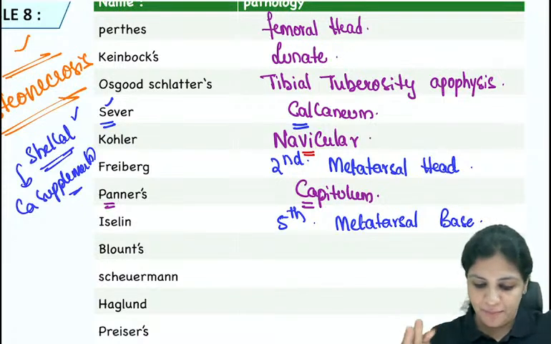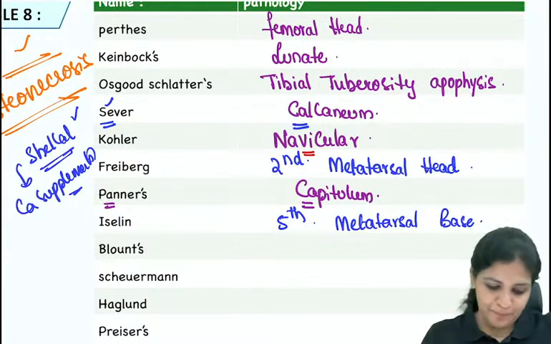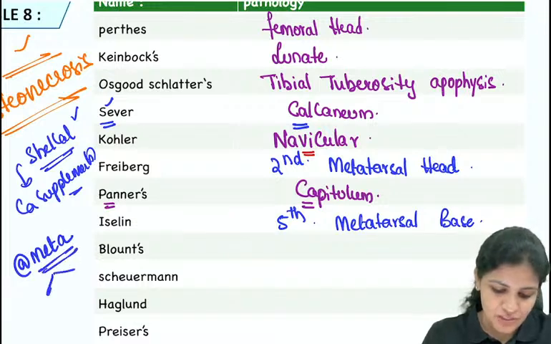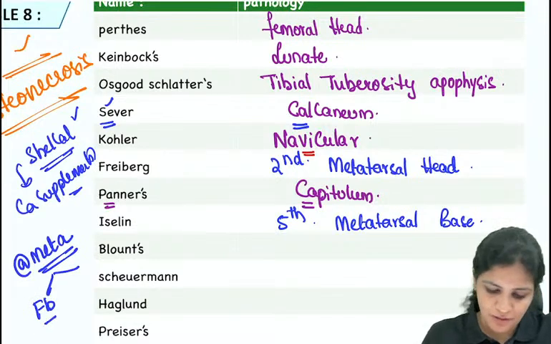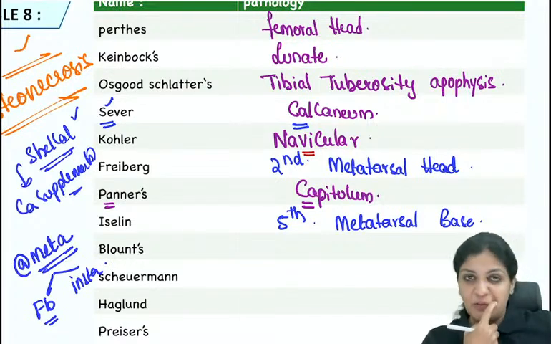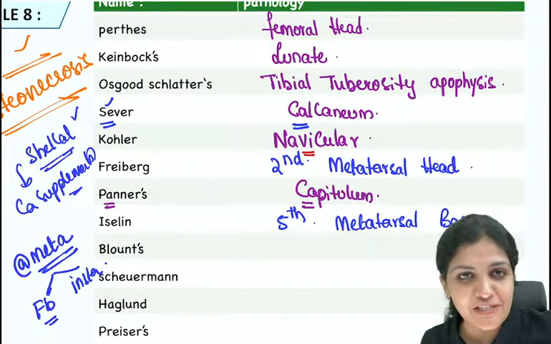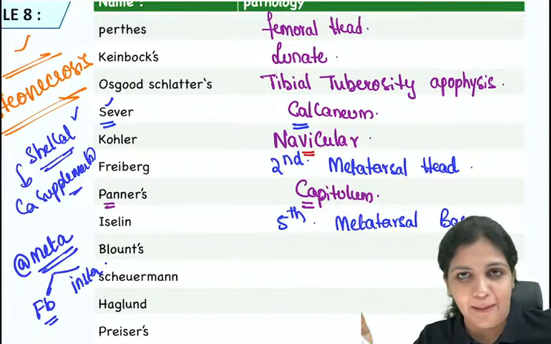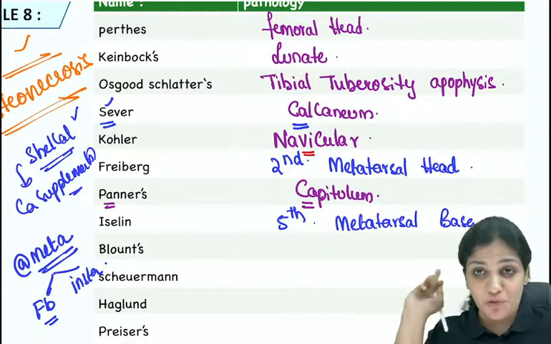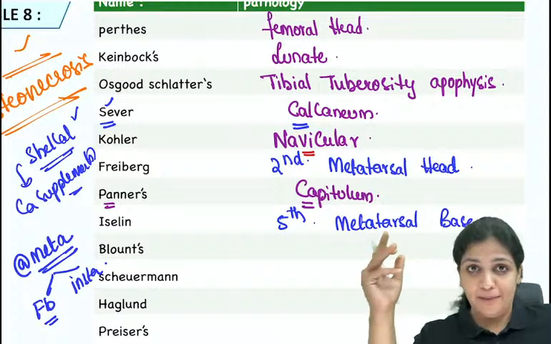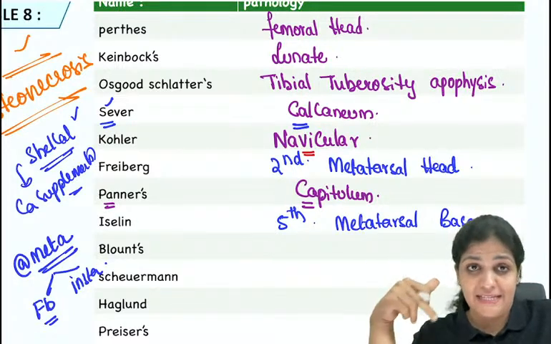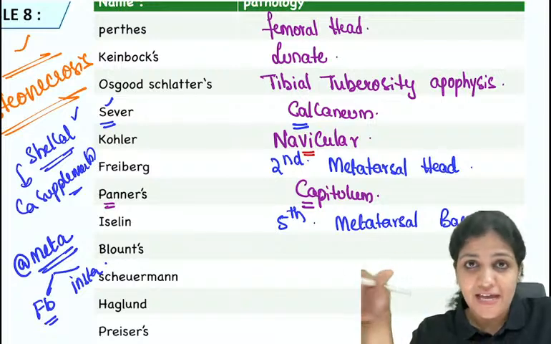How did I remember it? Meta is a company which is related to both Facebook and Instagram, right? We are very familiar with those two social media, Facebook and Instagram. So remember Freiberg and Iselin both go to Meta. Because Facebook was first in our times, no? So that is second. And Iselin has come next, Insta is next to it. So fifth. Remember like that.